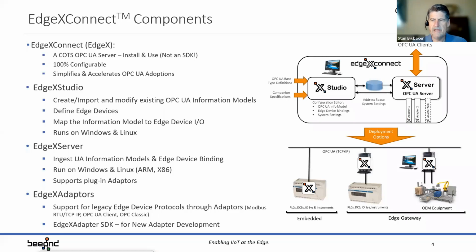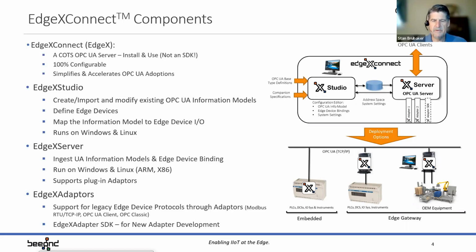It includes the I/O mapping. EdgeX server is the server that runs in the background, and that is the OPC UA server. It ingests the information model that's provided by EdgeX Studio, and it maps to the device I/O per the configuration in the EdgeX Studio. And then we have the adapters.